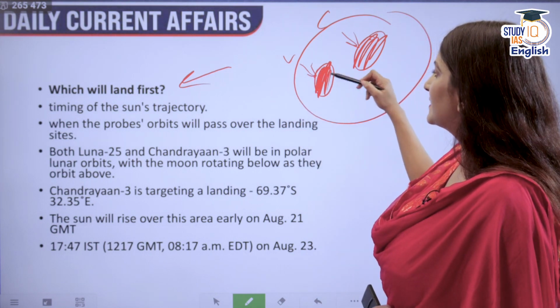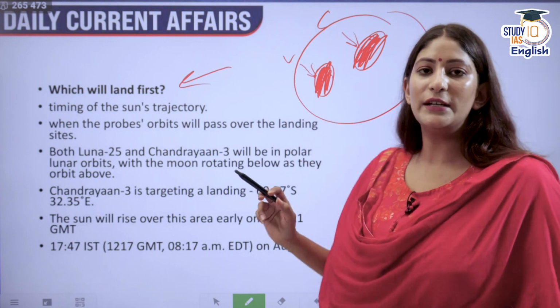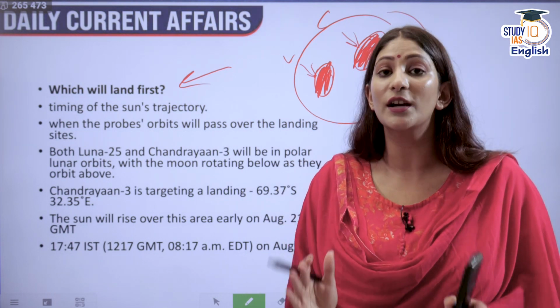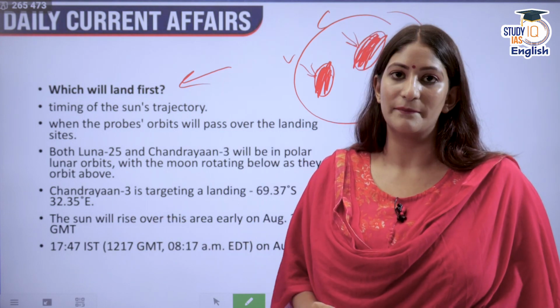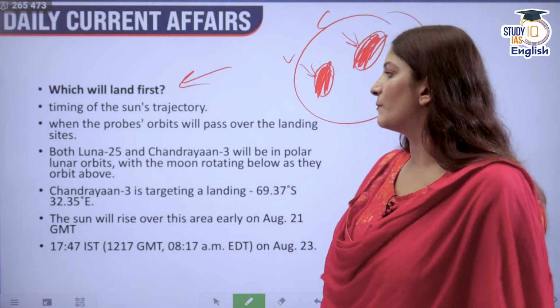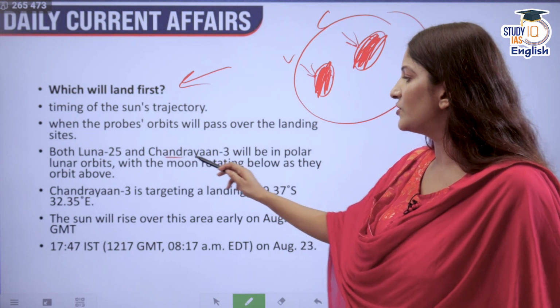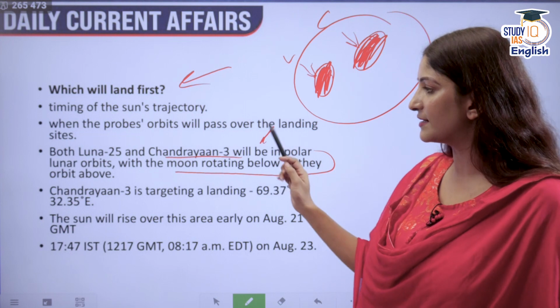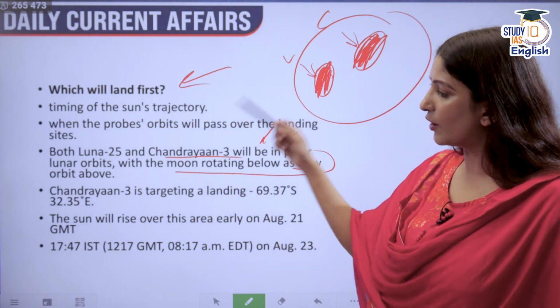If the sun lights up the surface, then only the solar powered panels of both Luna and Chandrayaan 3 will work correctly, so that landing can happen. So the sun's trajectory is very important, and both Luna 25 and Chandrayaan 3 will be in polar lunar orbits, with the moon rotating below as they orbit above.